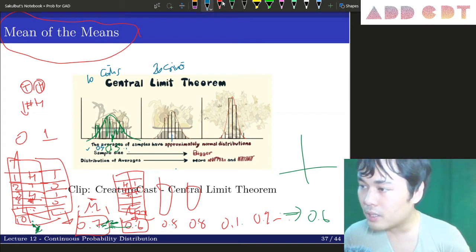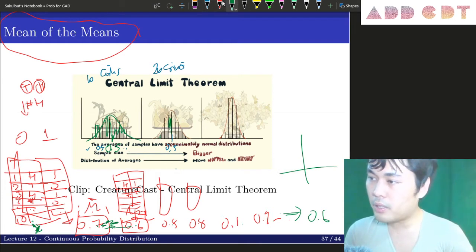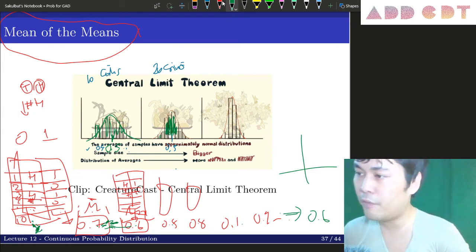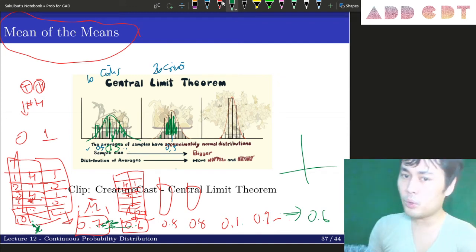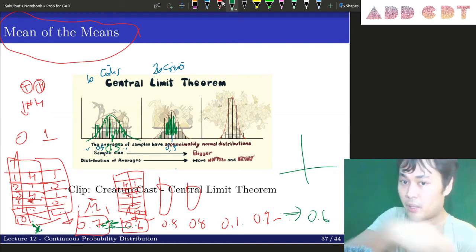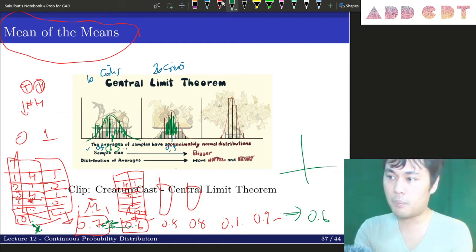Then the center is still 0.5, but the curve now looks different. Most of the time they are not too far from 0.5, maybe 0.4 or 0.6. For the first case, sometimes you get 0.9, 0.1, or you even get 1 or 0. You can get extreme values on both ends.